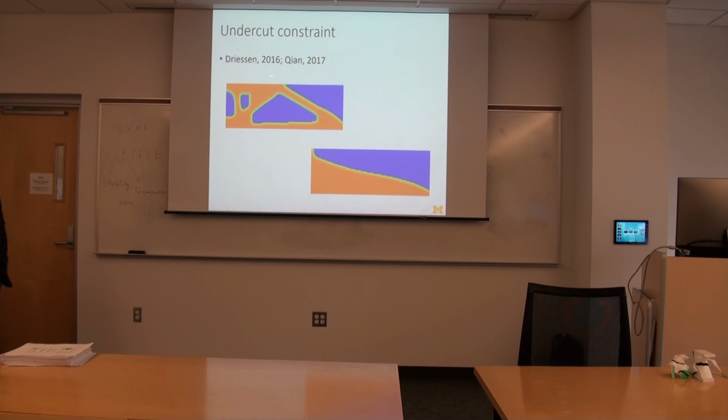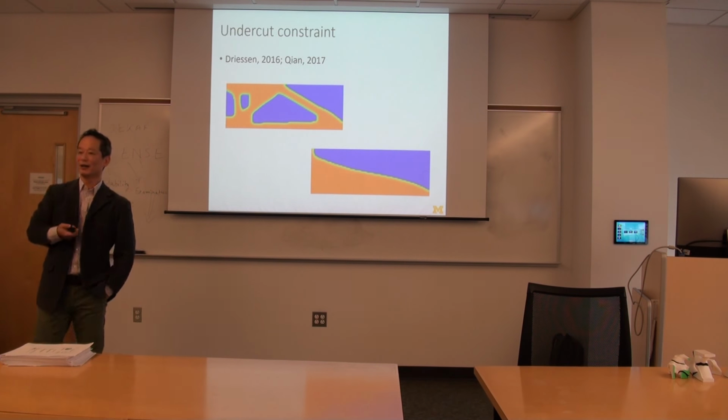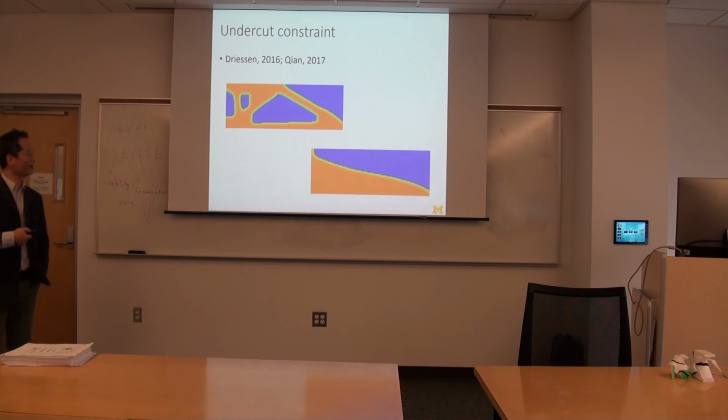So this was lots of undercuts, and this is fewer undercuts. And the interesting effect of applying this undercut constraint is that, somewhat as a byproduct, it often eliminates the holes for one-piece topology optimization, according to their papers, which kind of makes sense because the hole is often really the cause of undercut.